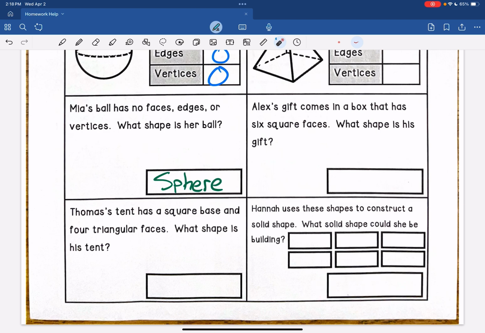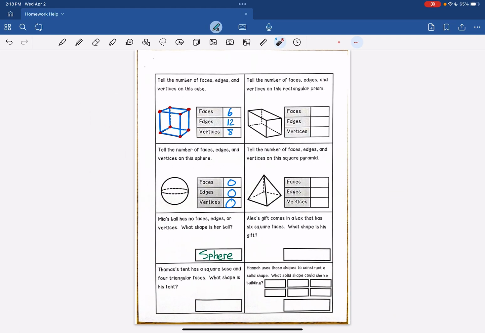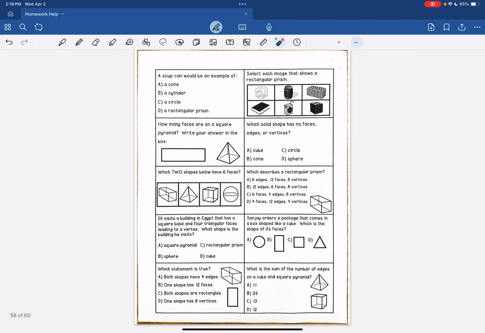Ignore this one. If these are the pieces she's using to make a shape, what shape might she be making? Using all those clues, go ahead and answer these questions. And then we'll take a look at the next page.